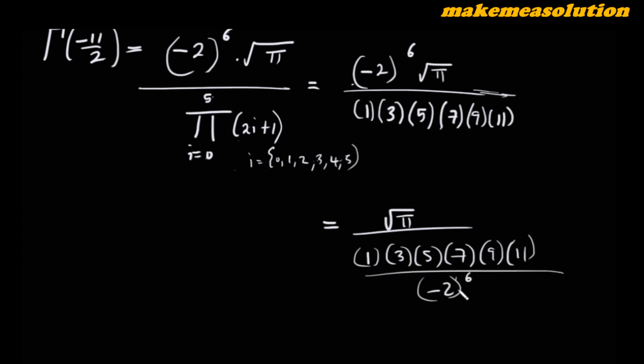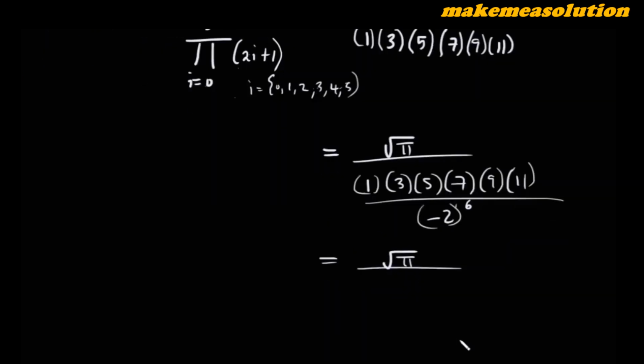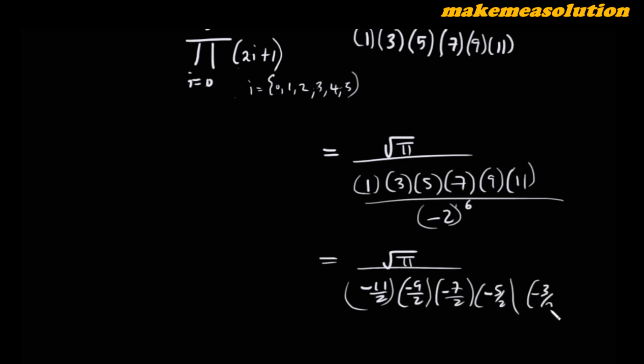So since there are 6 minus 2's multiplying themselves, we can still say root pi all over minus 11 over 2, we'll take 1 minus 2, then minus 9 over 2, minus 7 over 2, minus 5 over 2, minus 3 over 2 and minus 1 over 2.